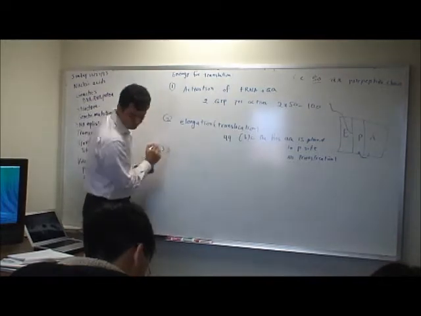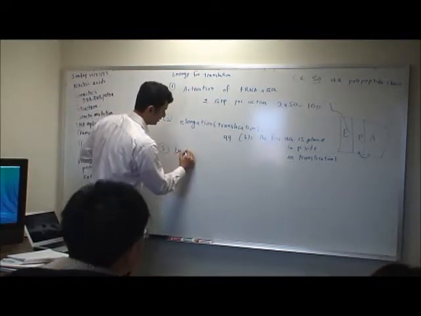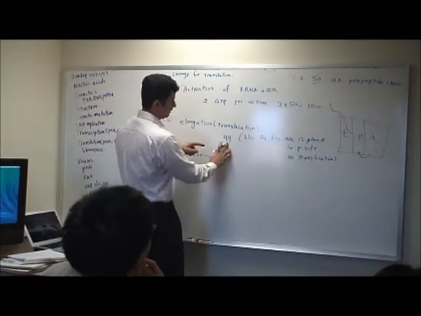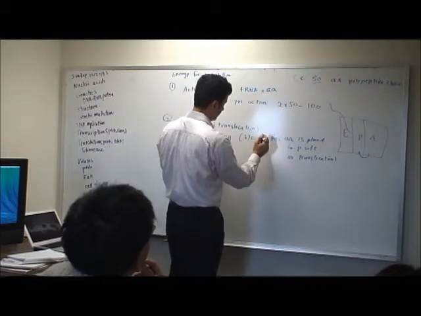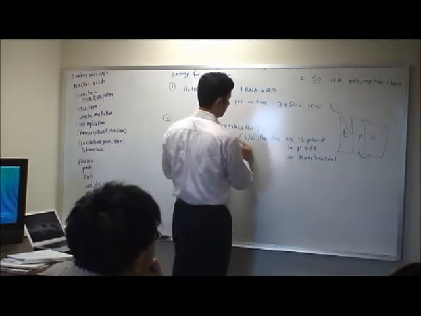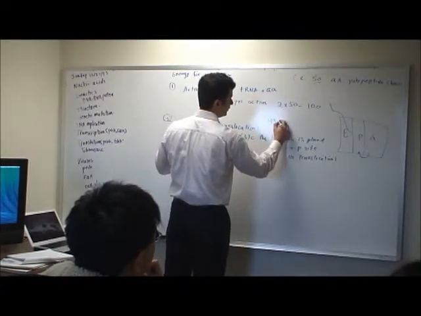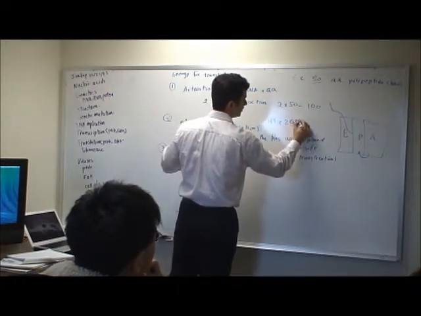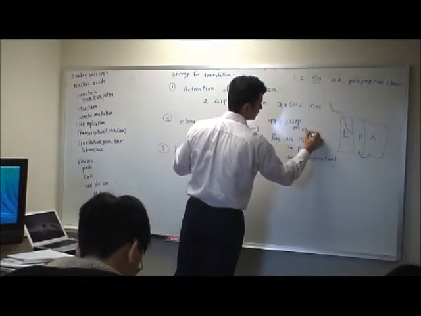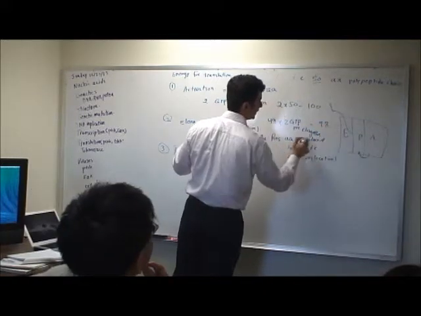And then the third one is called initiation. For elongation, you need 2 GTP, 49 times, so 49 times 2 GTP per translocation. 49 times 2 is 98.